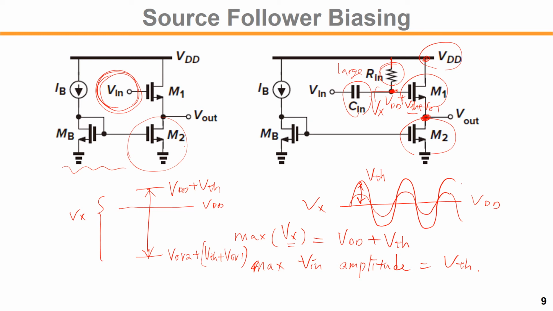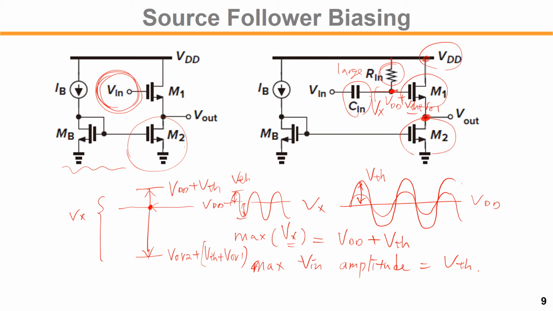But right now in this biasing scheme, the bias is sitting at the VDD voltage level, so the maximum allowable swing is still limited by VTH. Okay, the signal can go up and down by VTH without having distortion.